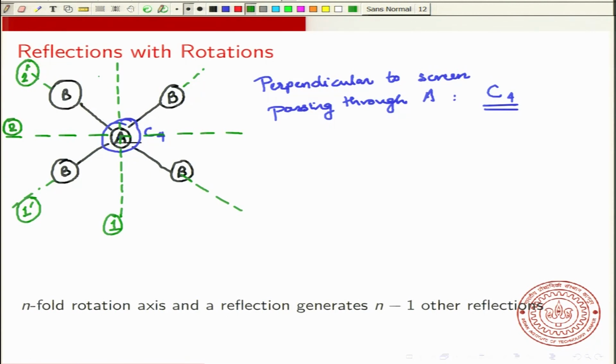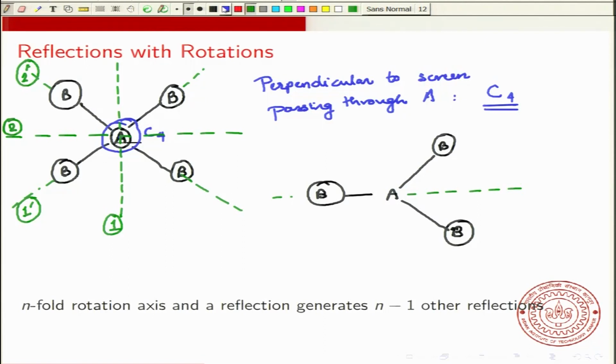Okay. So, let us take another example. Let us take a case where I take A and I take AB3. Now you see that if you have a C3 axis going through A, this is a C3 and you have this mirror plane.